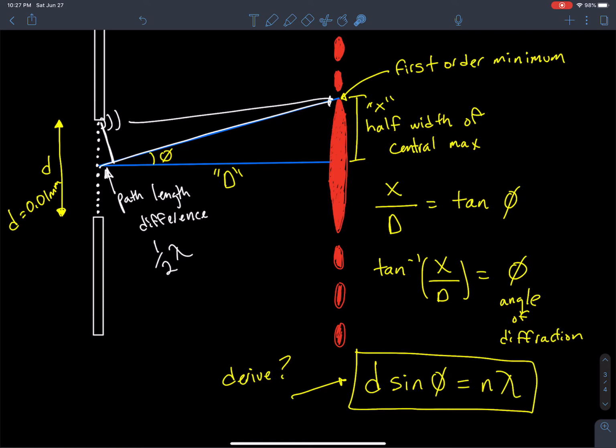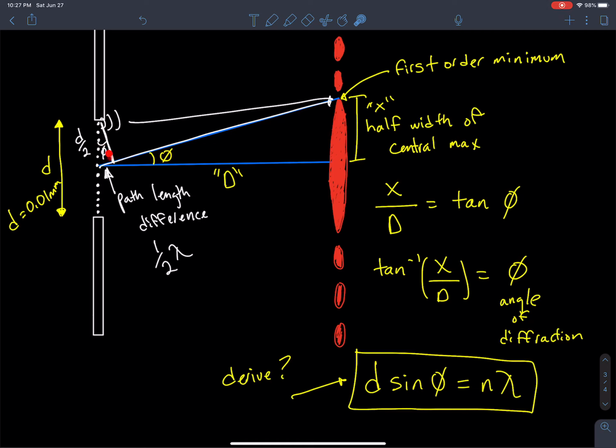Once I have that, I know that I have a 1/2 wavelength being that little line over here, and this line on this side is d over 2. Then I can draw an angle here. That angle is in a right triangle, where this is a 90-degree intersection, since this line is perpendicular.